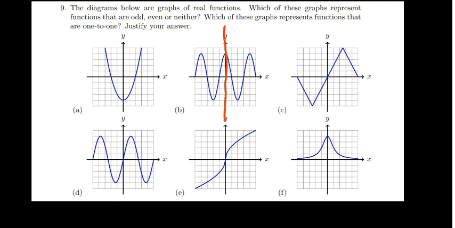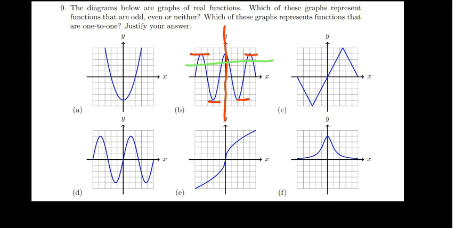Is the left hand side also equal to the right hand side? This is matching up, that is matching up. So that is also an even function. It's exactly the same on the left and the right. Is it one-to-one? Of course not, if we draw a horizontal line, it will cut the graph more than even twice. So it's not a one-to-one function.